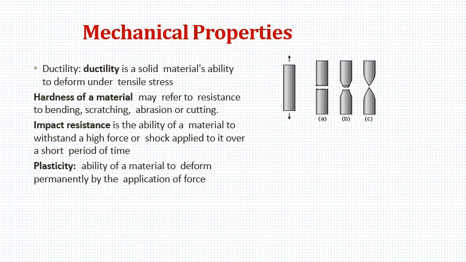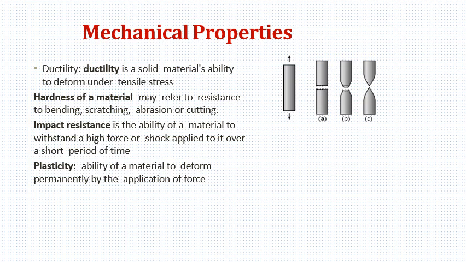Impact resistance of a member is the ability of a material to withstand high force or shock applied to it over a short period of time. If you give any shock or high force to that material, it will get some impact. How much resistance it offers to that impact is called impact resistance.